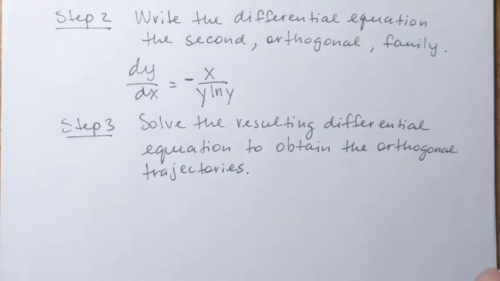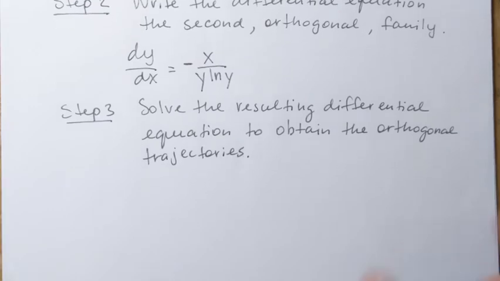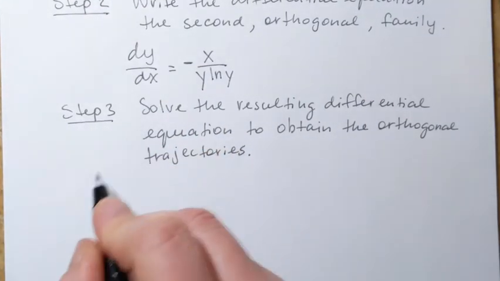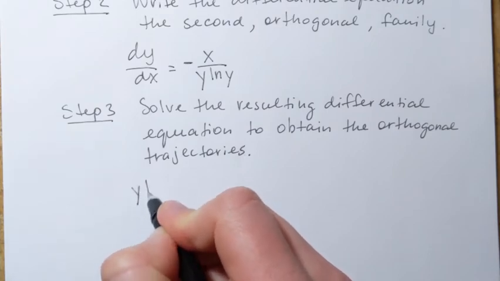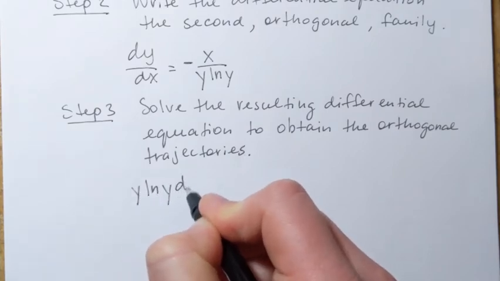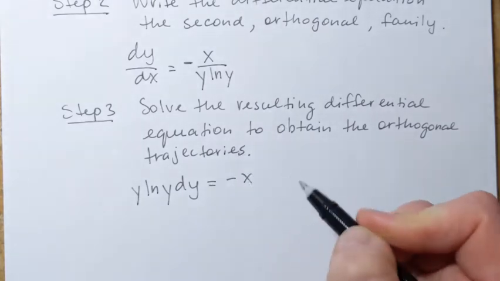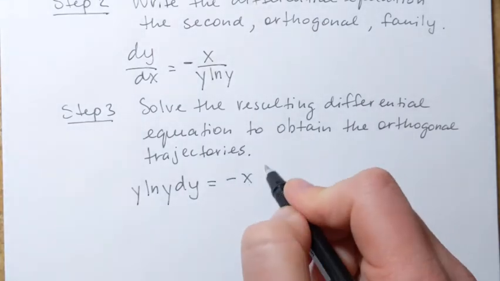So let's separate it. Let's put everything involving y on one side and everything involving x on the other side. It can be done by cross multiplication, right? So the left hand side will be y ln of y dy, and the right hand side is negative x dx. I'm keeping the negative with the right hand side.